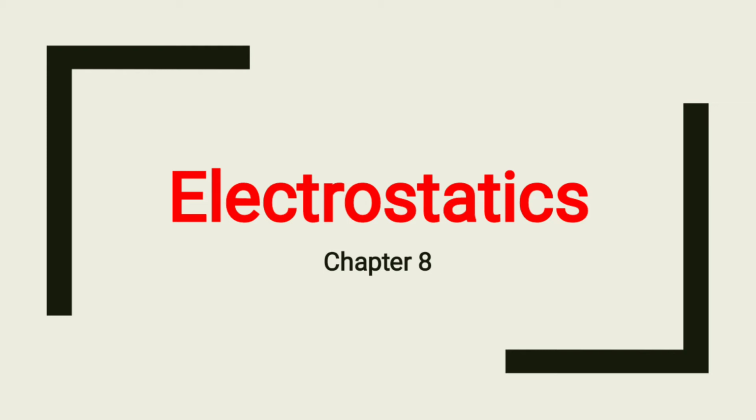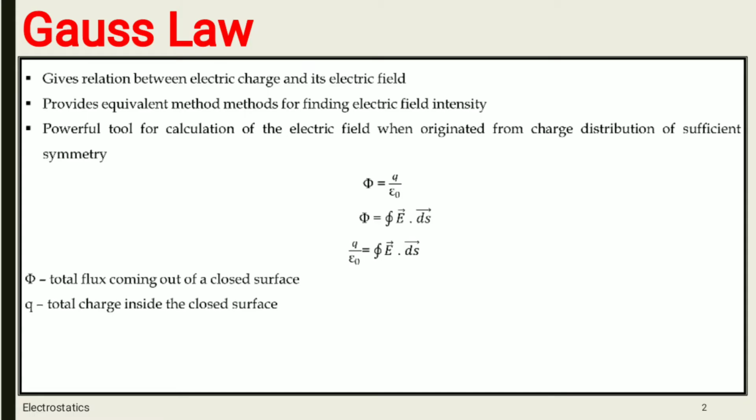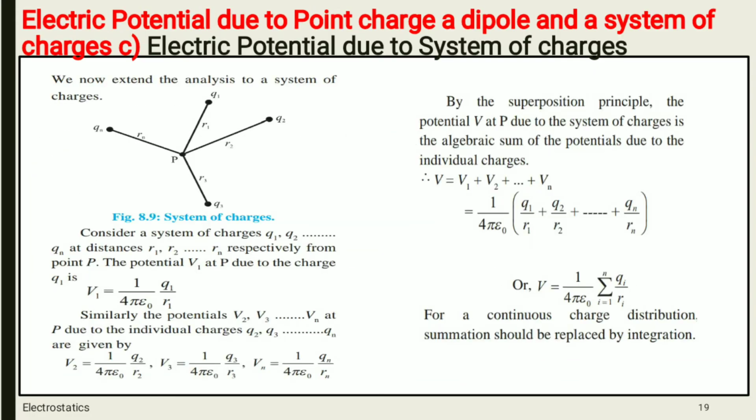Today we will continue with your topic electrostatics, and we will start with the point electric potential due to point charge, a dipole and a system of charges, in which point C is electric potential due to system of charges.